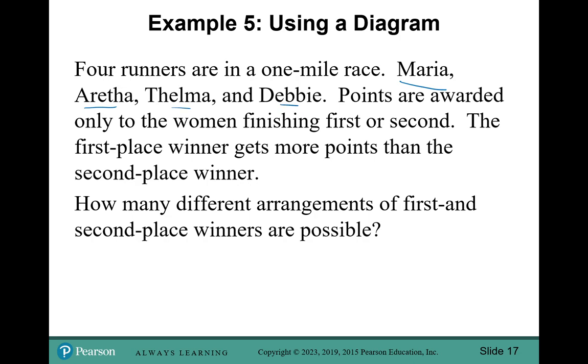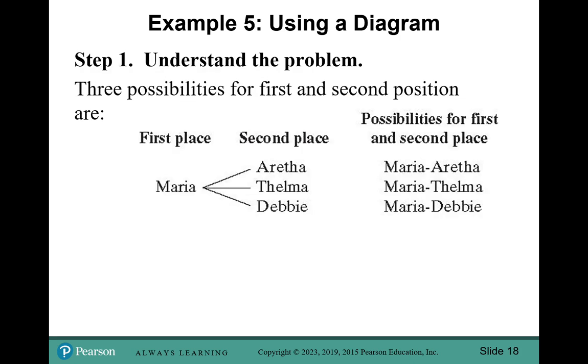If one of them takes first place, Maria in this case, that means there are 3 possible combinations for second place. So, possibilities for first and second place: Maria, Arthrea; Maria, Thelma; and Maria, Debbie. That's if Maria comes first, right?